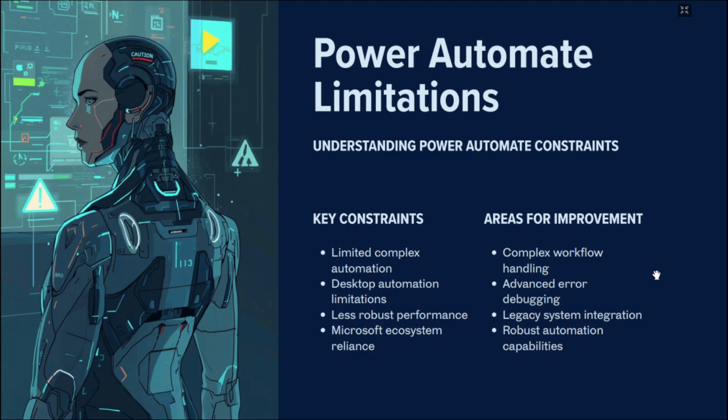So that flexibility is not there. Complex workflow handling is one of the key constraints. Advanced error debugging features are currently not available in Power Automate. Legacy system integration is also not available. Robust automation capabilities are also missing in Power Automate as compared to UiPath.